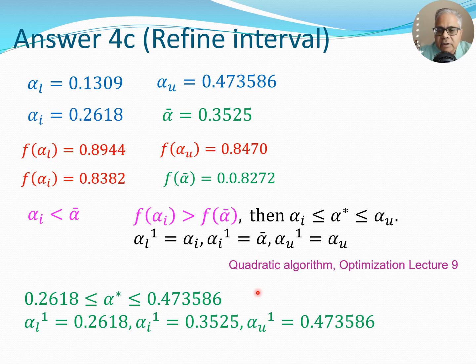Now there are four possible cases which you can consider here. I have given these in optimization lecture 9. Take a look at that to understand these four cases. And then what happens is that the minimum has been bracketed between 0.2618 and 0.4735, and now we set these particular values as alpha L1, alpha I1, alpha U1. So we put the superscripts 1 here to clearly bring out the fact that these are the next values for the problem.